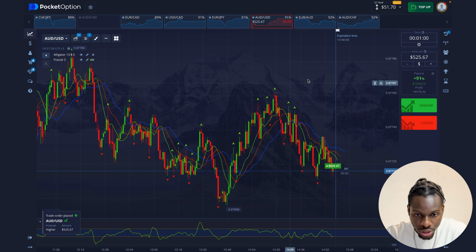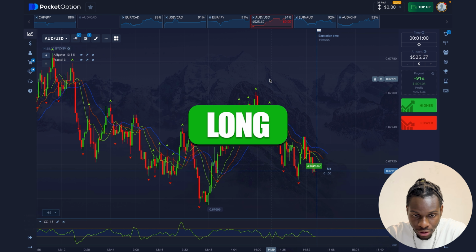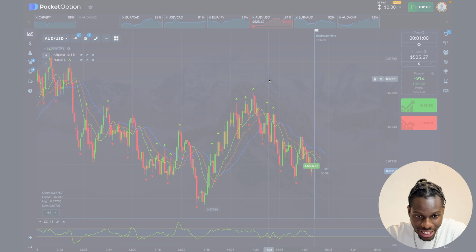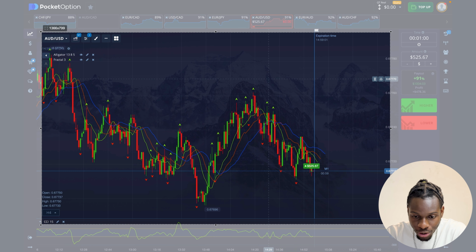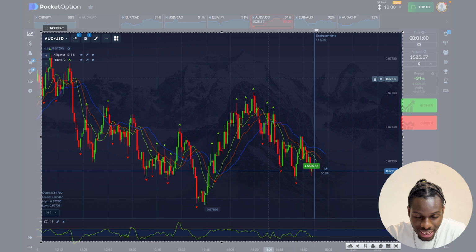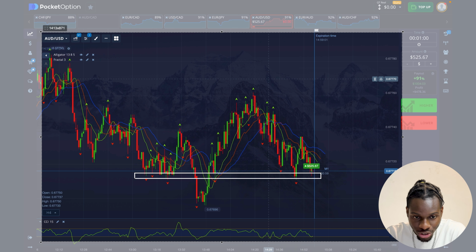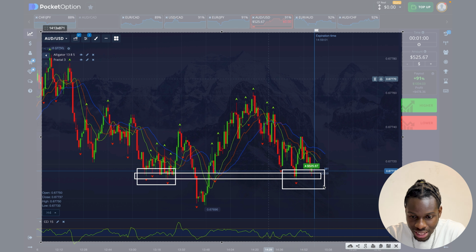Okay, guys, so we just took our trade for a buy for this one. This is actually a very nice level. So even if we see that the alligator is indicating a downtrend, we can see that this is a very structural level, and there are multiple touch points on this level.